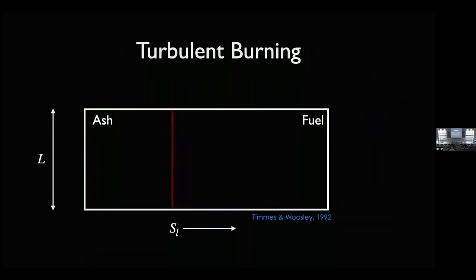So this is a schematic cartoon of turbulent burning. First, here, of course, laminar burning. Laminar burning is just the balance of the energy injection with conduction across a flame front, and the laminar flame speed is shown here. The division is between fuel on the right and ash on the left.